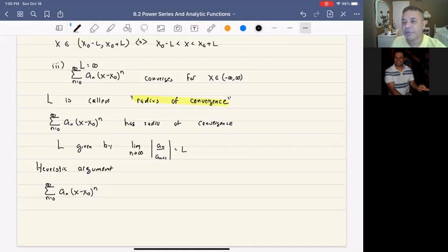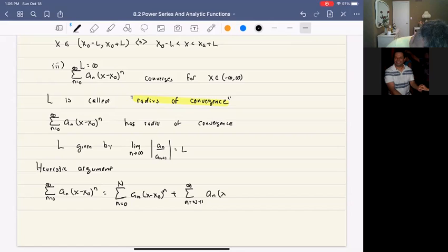Okay, so if we have this and this happens, then what's going to happen is this is going to equal, let's cut it off at some n, the sum n goes from 0 to n of a sub n, x minus x0 to the n, plus the sum n goes from n plus 1 to infinity of a sub n, x minus x0 to the n.